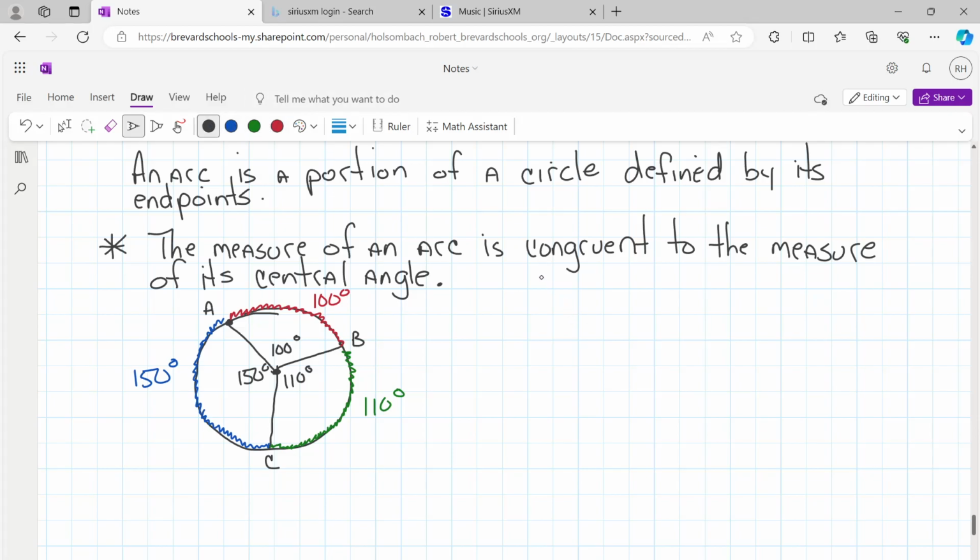So your notation for that could be arc AB is equal to 100, arc BC is equal to 110, and arc AC is equal to 150.